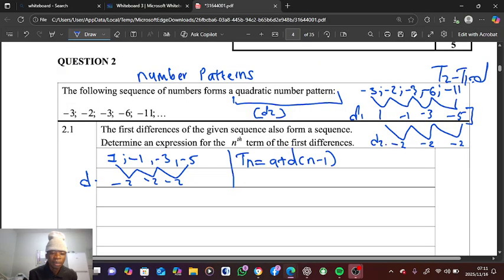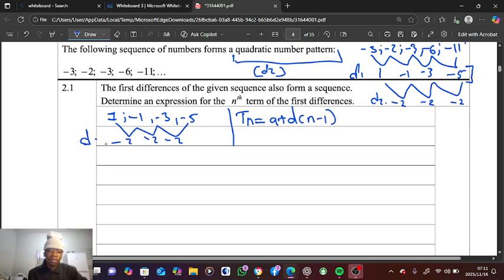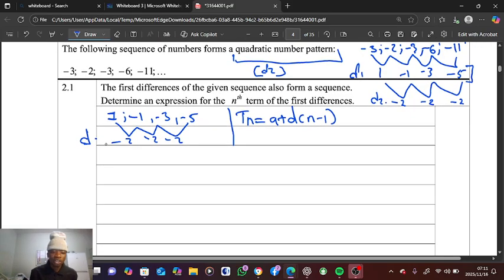They say determine an expression for the nth term of the first difference, meaning they want the general formula for the first difference. So A is our first term, then D is our difference.